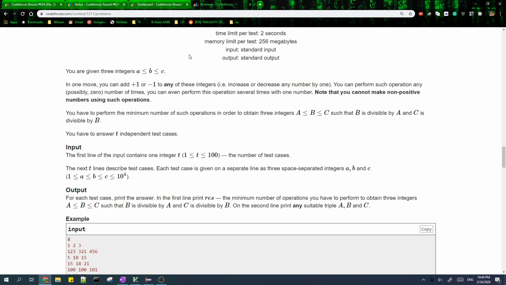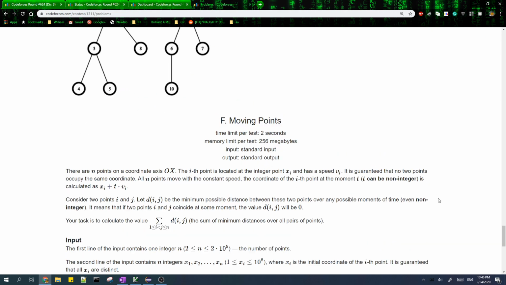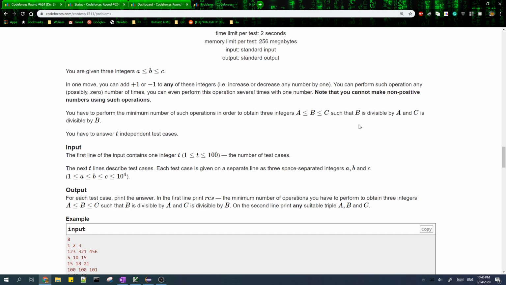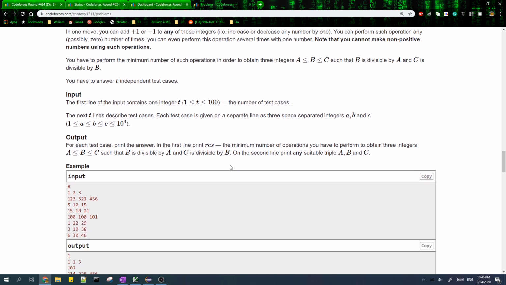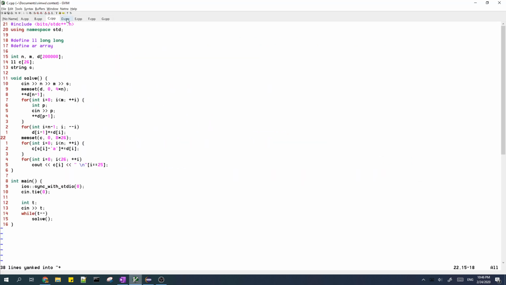Which problems are people solving? D and F. You just generate all the triples that satisfy this.